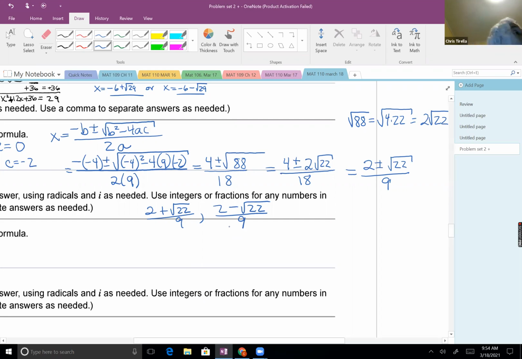Did anybody else get one solution to be 2 plus the square root of 22 over 9, and the other solution to be 2 minus the square root of 22 over 9? How does my arithmetic look?